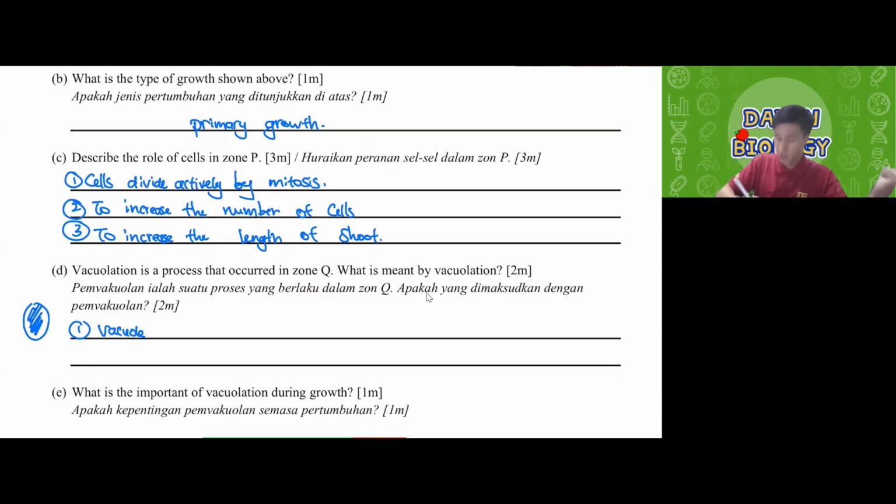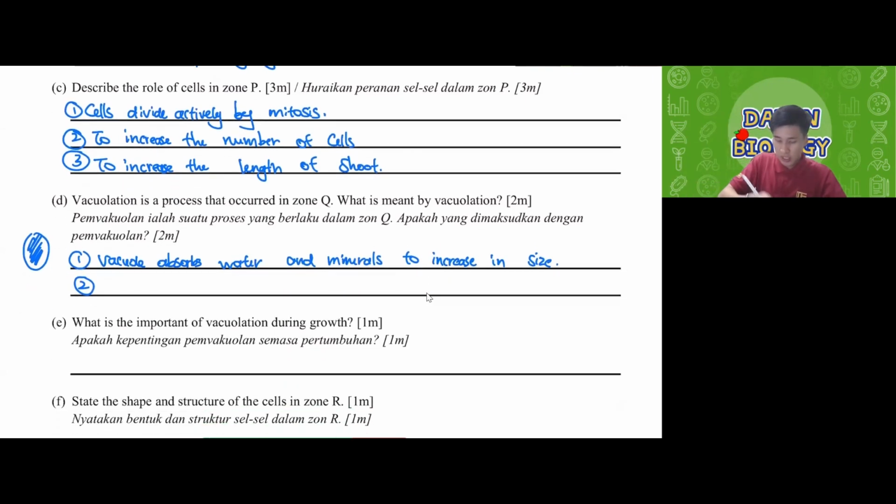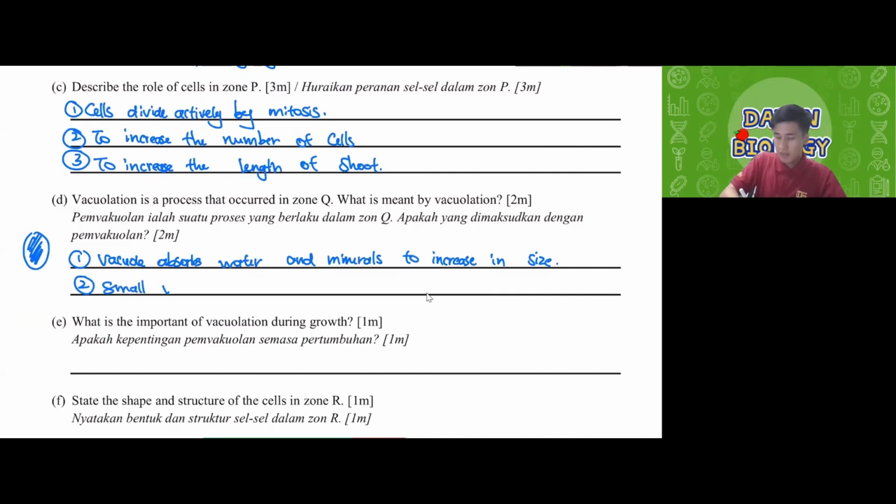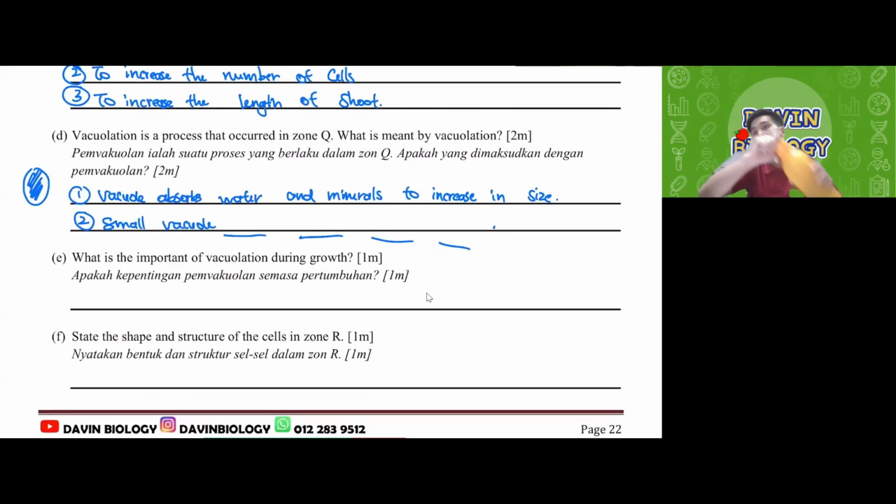So you can first say the vacuole absorbs water and minerals to increase in size. They start becoming bigger and bigger, then they merge and become big. Same as just now. So the small vacuoles merge to form a large vacuole. Write it yourself, don't just copy. Okay.